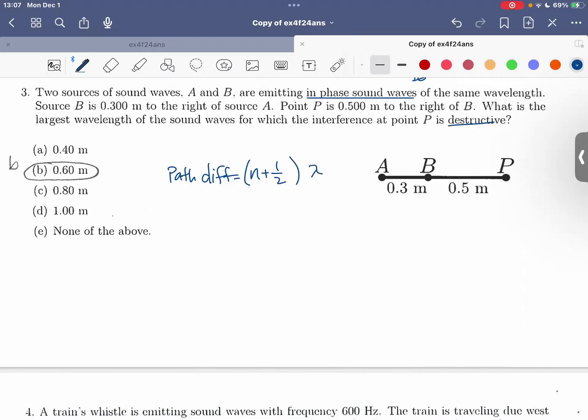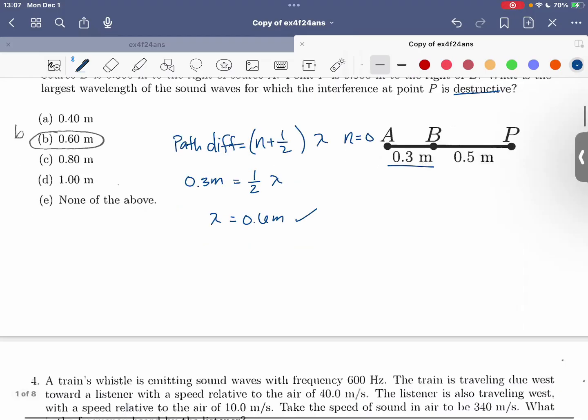The path difference between A and B is 0.3 meters, and remember we said n is equal to 0, so now we just have 1/2 times gamma, so gamma is equal to 0.6 meters, and that's our answer.